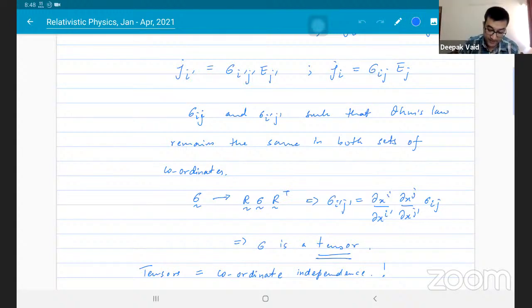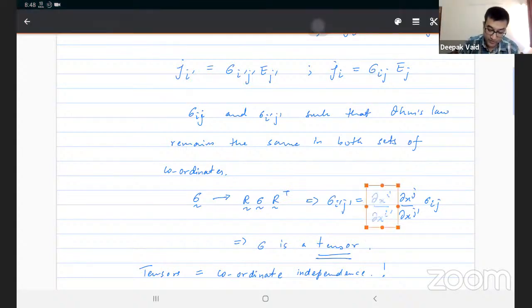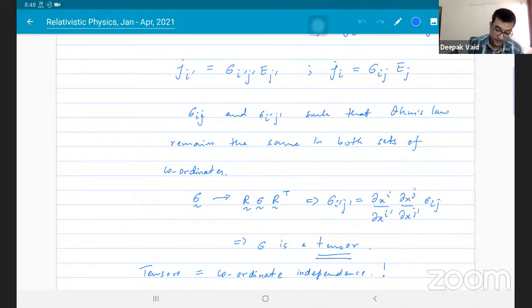So it might seem that this is two matrices multiplied by each other and then multiplied by sigma, but that is not the case. Because if you look at it carefully, you can write this expression in the following way. You can write it like this. You can put dxi prime over here, then sigma ij, and then dxj prime.